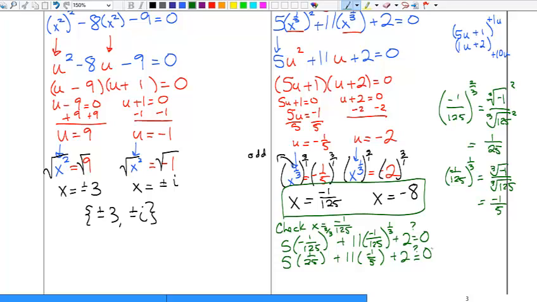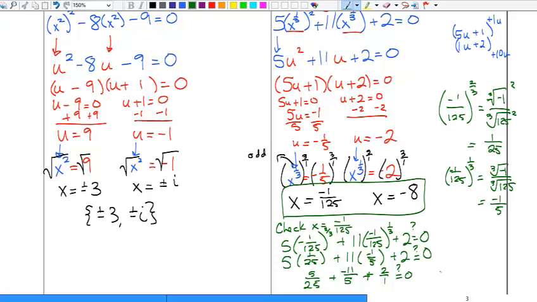I put the question mark on top because I'm not actually sure if they're equal. When I multiply here, I have 5 over 25 plus negative 11 over 5 plus 2 over 1 is supposedly equal to 0.